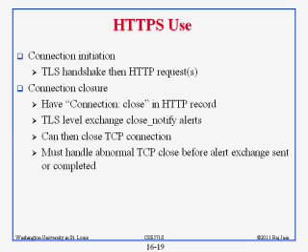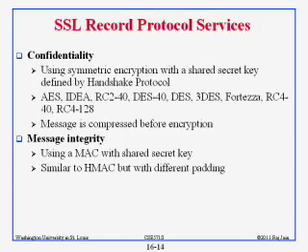Everything has been closed, then you close TCP. Now, having said that, it is quite possible that TCP may have to be closed abnormally, if something happens and the TCP connection cannot reach, something like that. So that case is handled. You must handle abnormal TCP close before the alert exchange is sent or completed. Remember, one of the alerts was close.